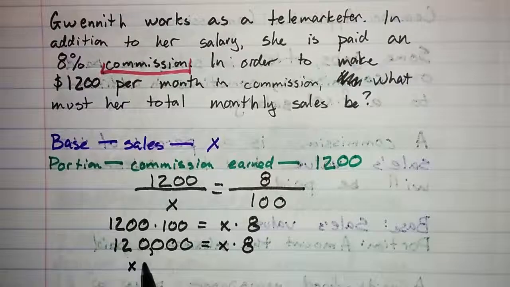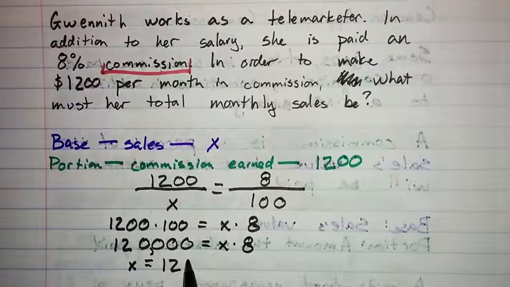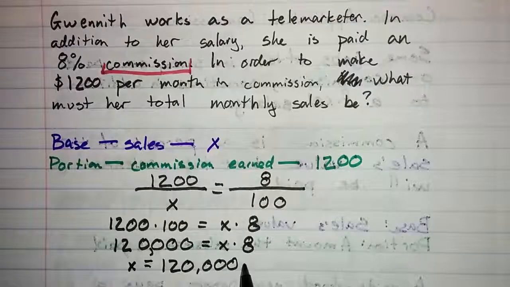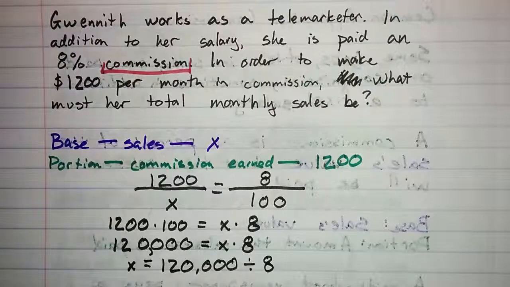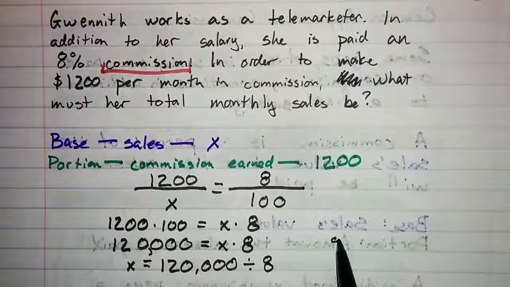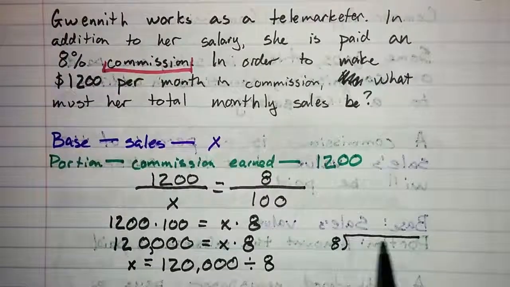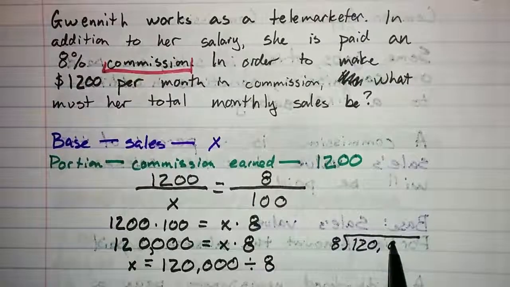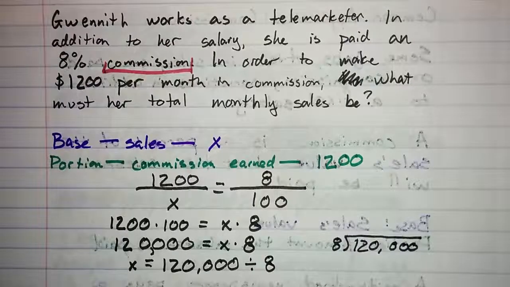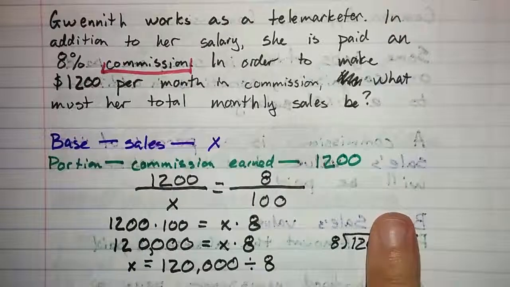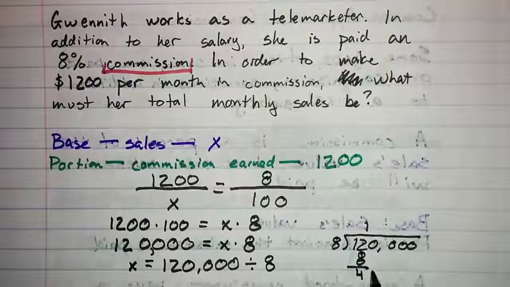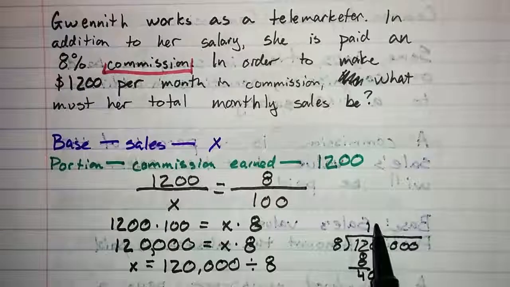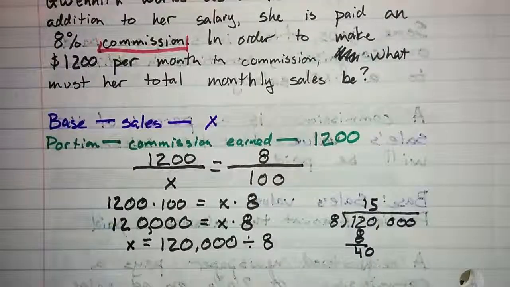So x is 120,000 divided by 8. Let's set up this division now. 8 goes into 120,000. 8 goes into 12 once. 8 goes into 40 5 times.